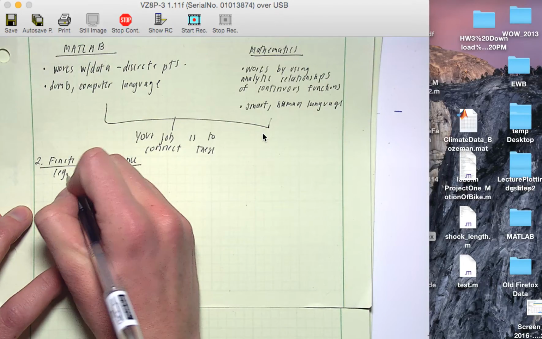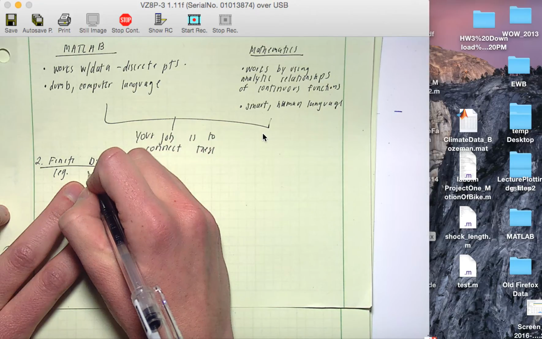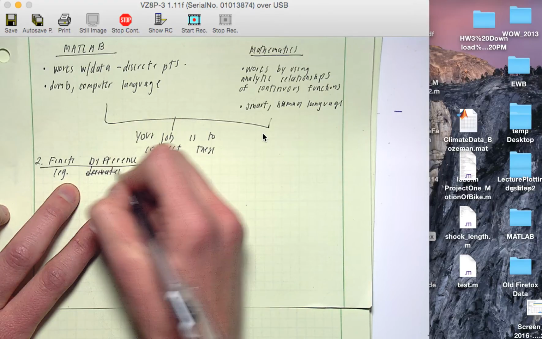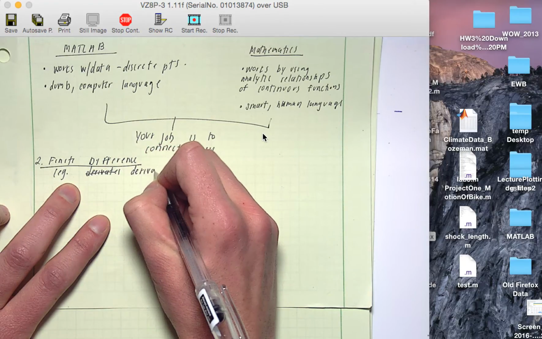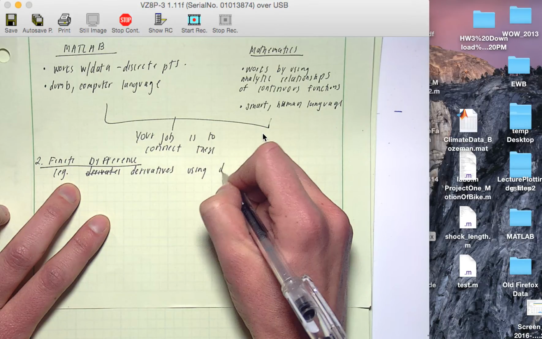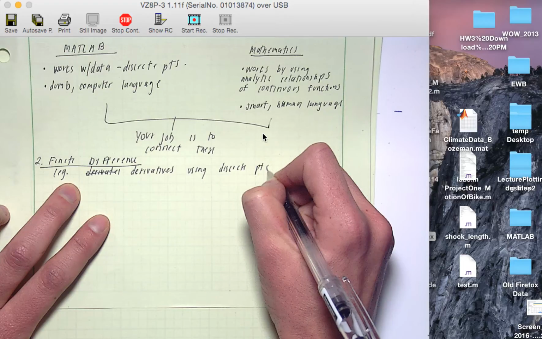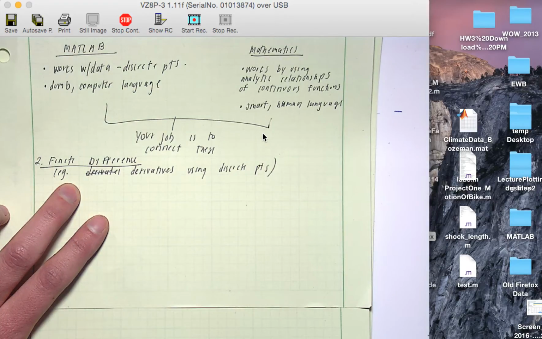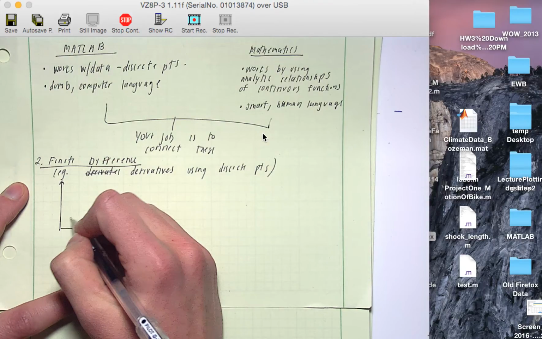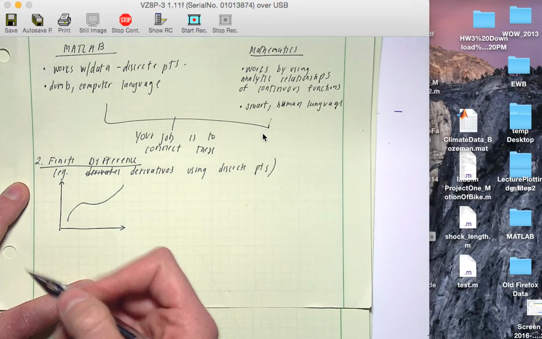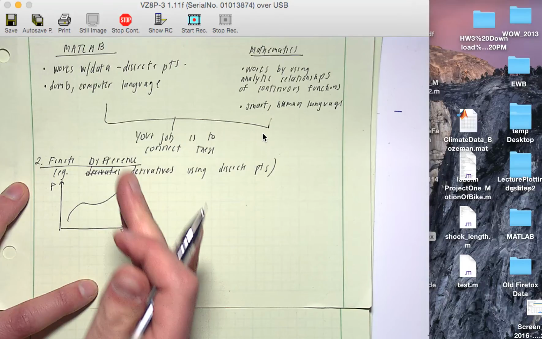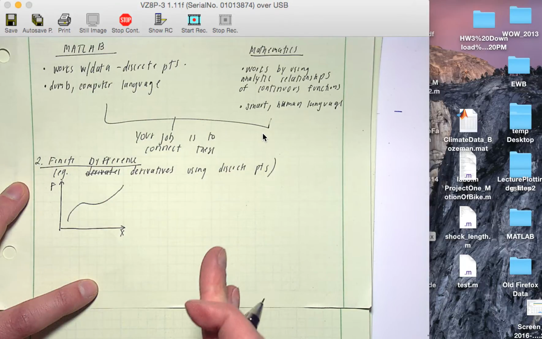Okay, so finite difference is a derivative using discrete points. Let's say that you have a set of data with lots of data points like this. I think everyone knows that if you have a continuous function, the derivative of this function is just the slope at any point on the function line, right?